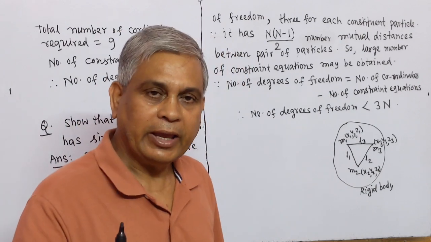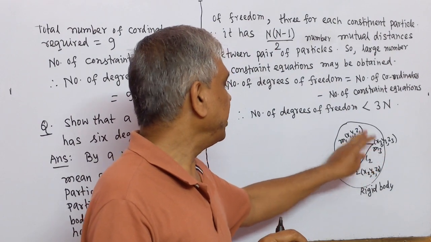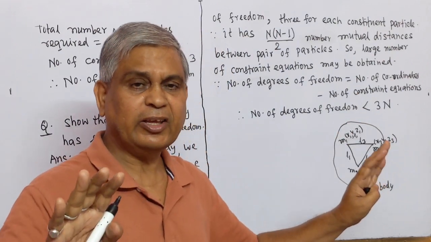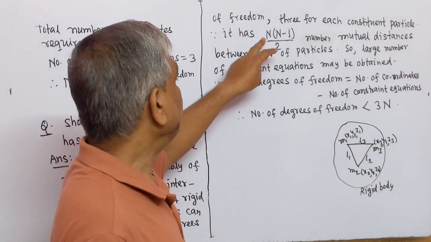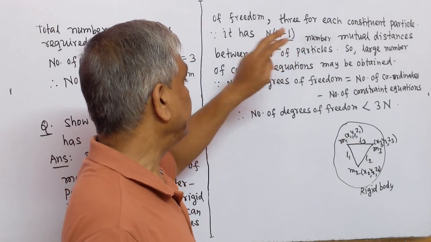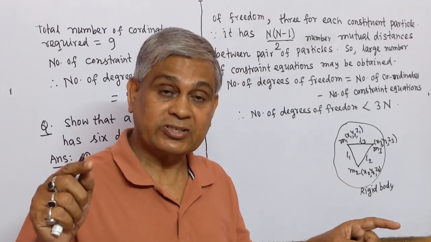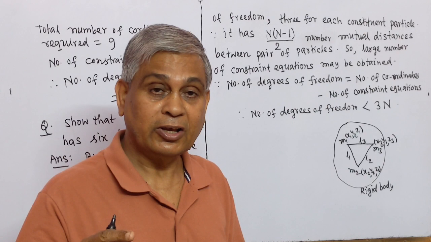Second, m2 and m3, m3 and m4, and so on. In this way we get n into n minus 1 by 2 mutual distances.